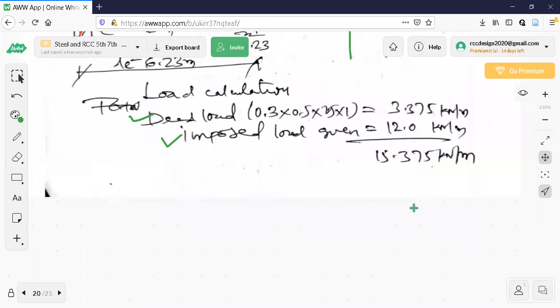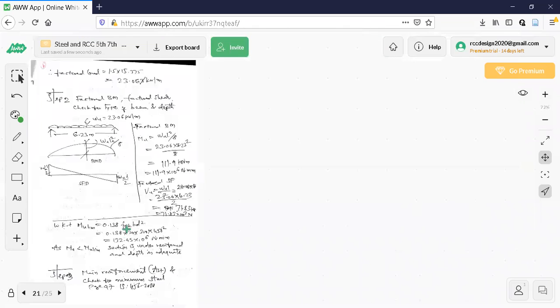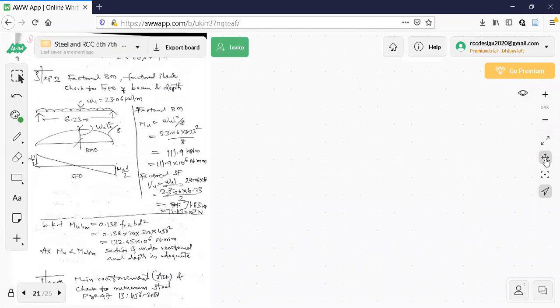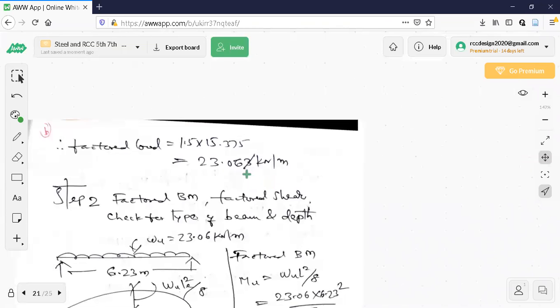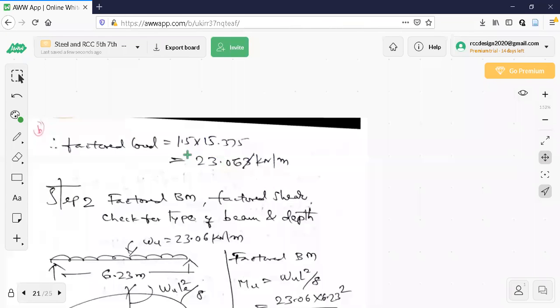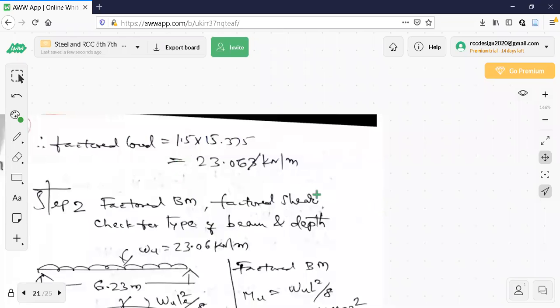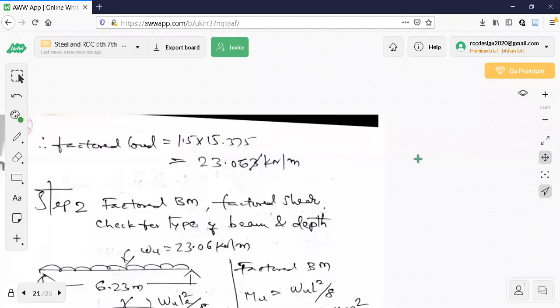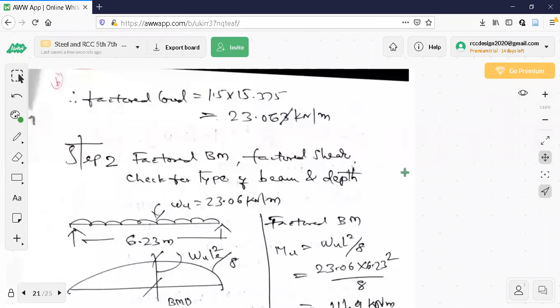Now you can see, I'll go to the next page. W, just observe this. What I have done here is, I have multiplied that 15.375 by 1.5 because I have to put the design load. You cannot use service load to design.